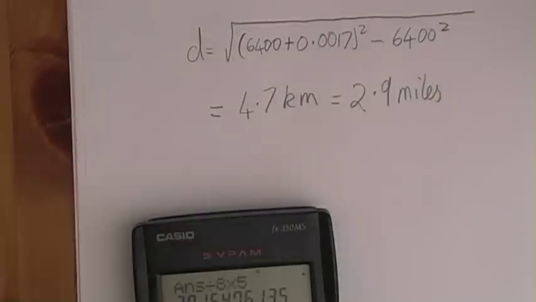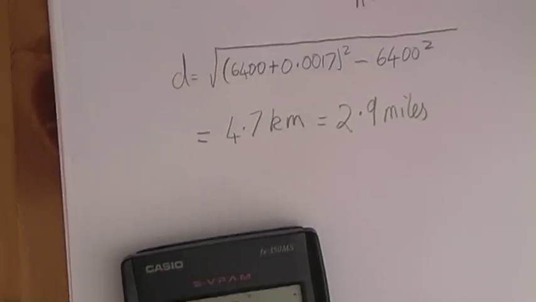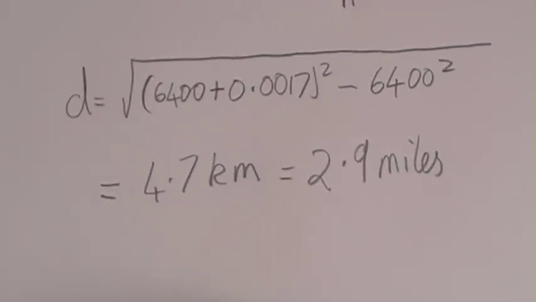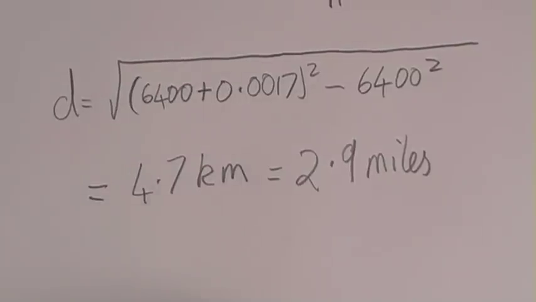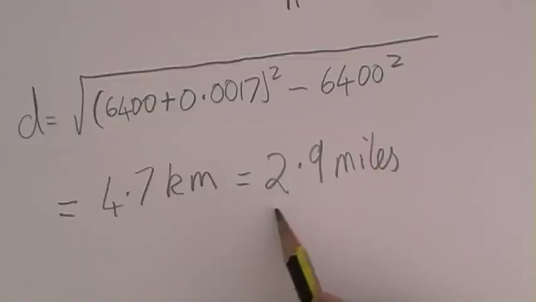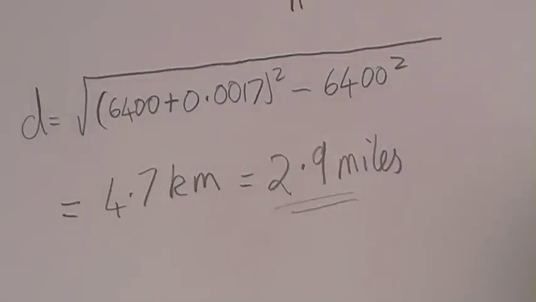So the mathematics is telling us, you can see it yourself, nothing fancy going on here. If you were standing on a perfect sphere with a radius of 4,000 miles and your eyes were about 1.7 metres off the surface of the sphere, you would see a horizon 2.9 miles away.